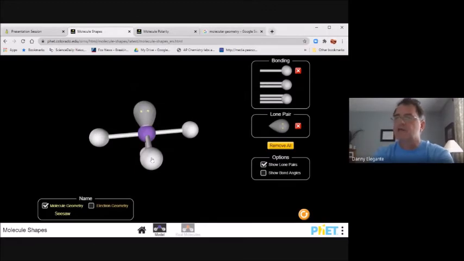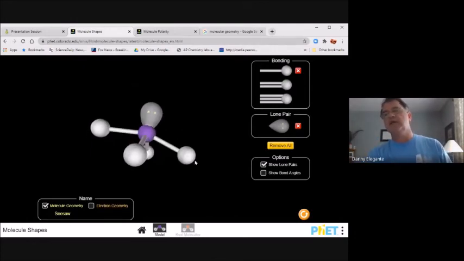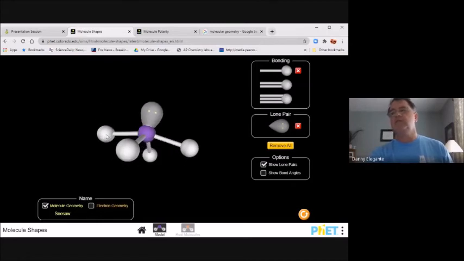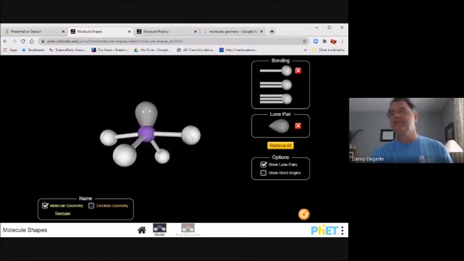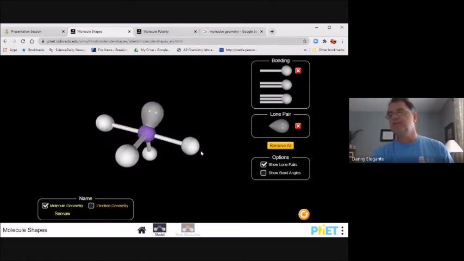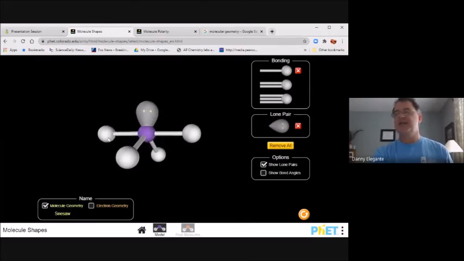This is actually called seesaw. I called it a teeter-totter when I was a kid, but at a kid's playground, you've got the thing that goes seesaw, seesaw. So you kind of get that idea that the extra electron pair bends that shape.